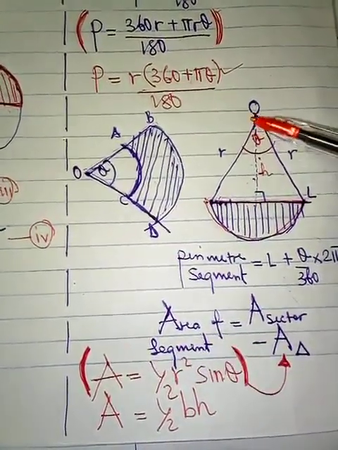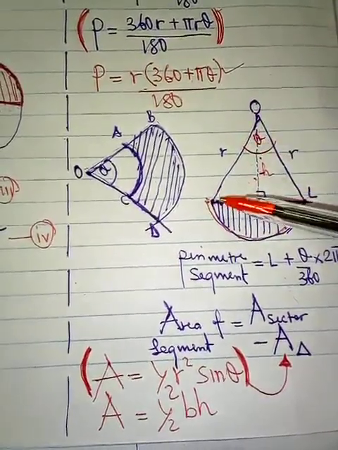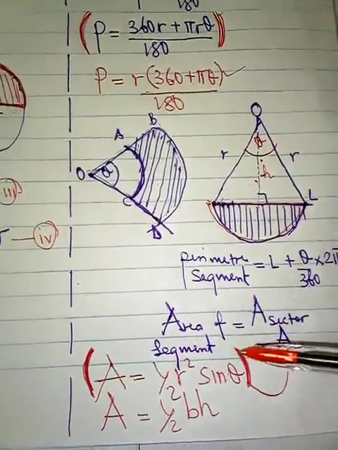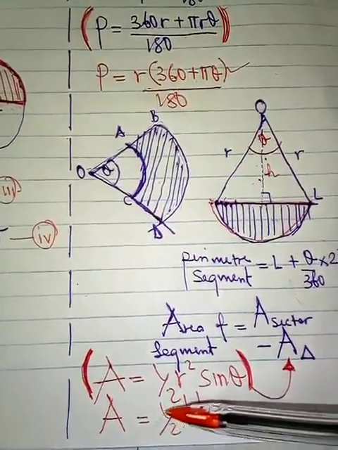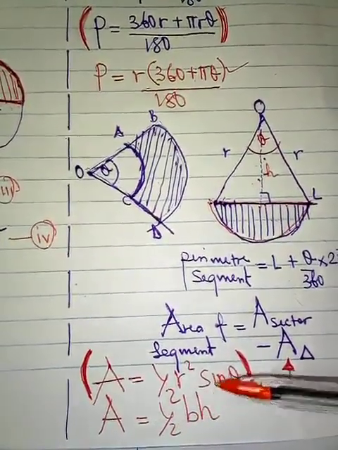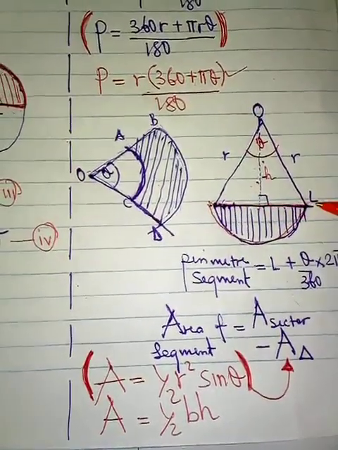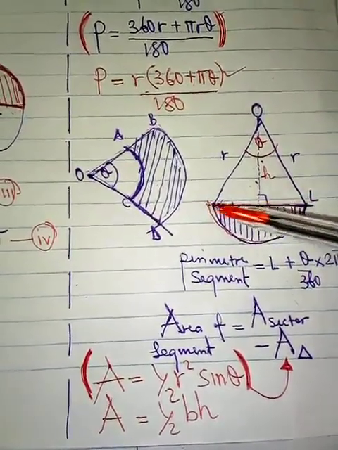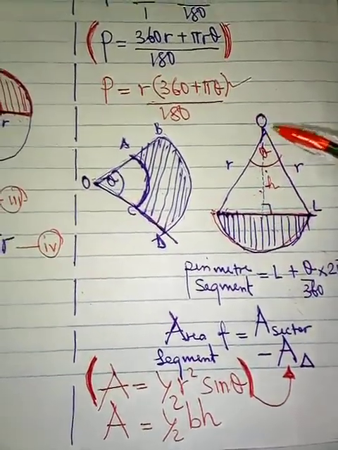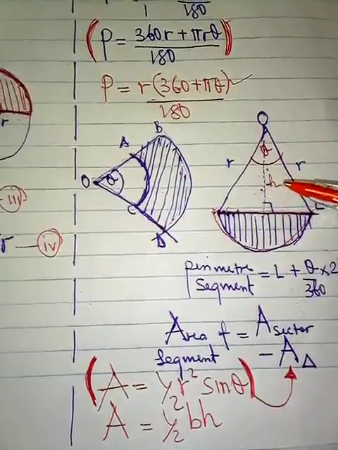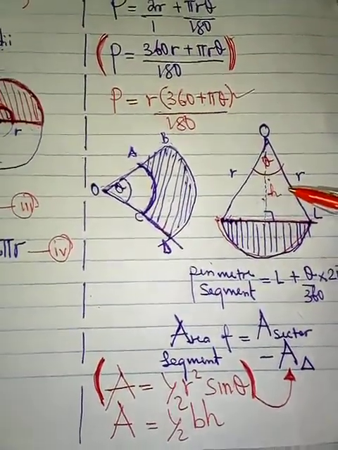For the area of a triangle here, you can use half r squared sine theta, or you can just go directly to A is equal to half bh, where b is the base, which here is the length of this chord, and your height value, provided that it has also been given.